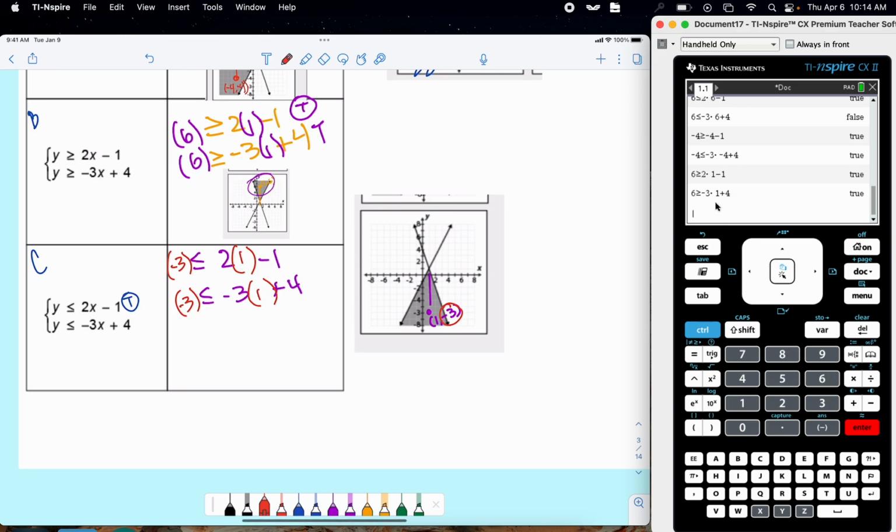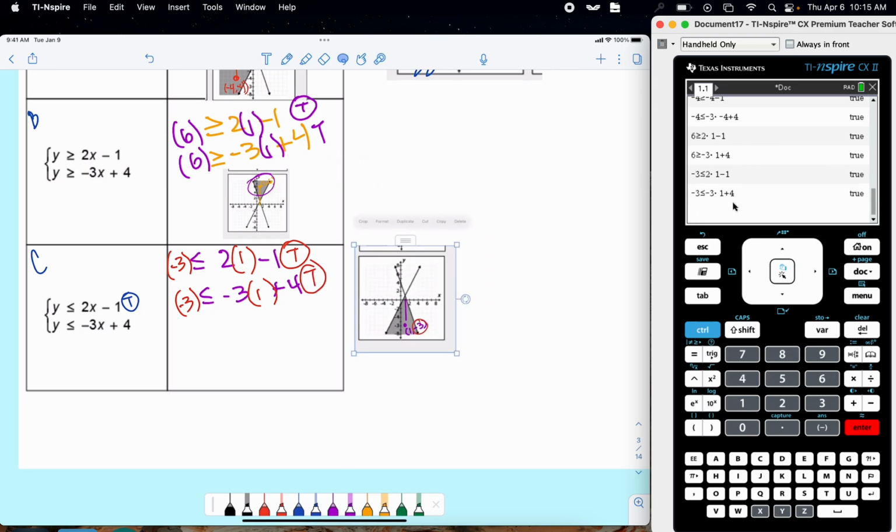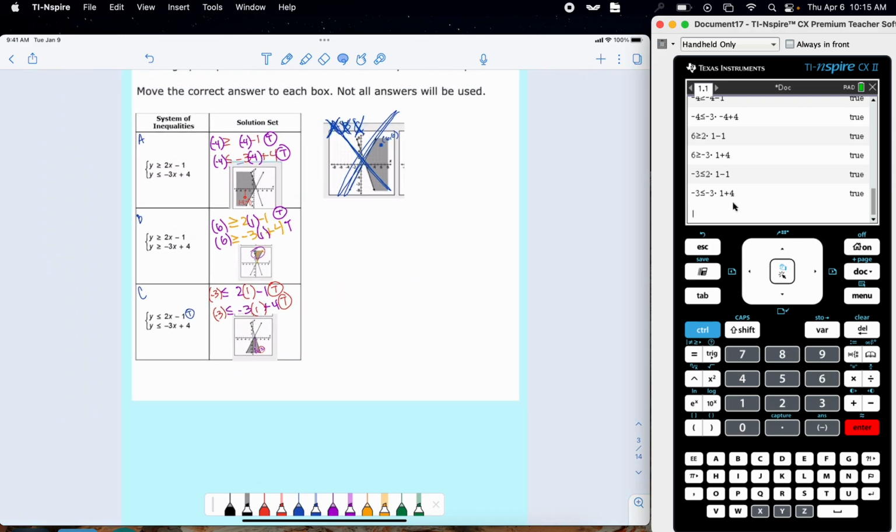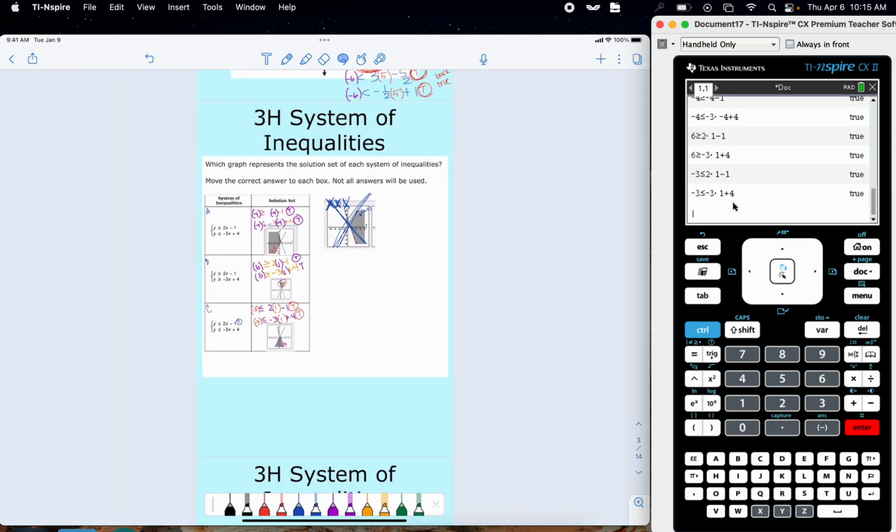We're doing true and false. These questions are pretty easy if you know true and false. They just take a little bit longer. That gives me true. Then for the next one, -3, control, -3 times 1 plus 4, true. So this would be our answer, and it moves into this box. This other one just wouldn't be used.